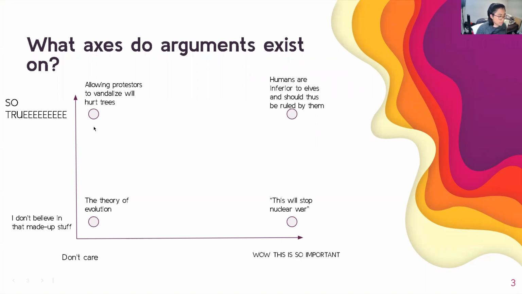So then, what's an example of an argument that is extremely true, but not necessarily important? This is an example of an argument that Ethan Curry always talks to us about. Basically, there was a motion, I don't remember the exact wording, but it was to the effect of whether or not it's legitimate for protesters to engage in the vandalization of public property to enact certain kinds of social changes that social justice movements want.